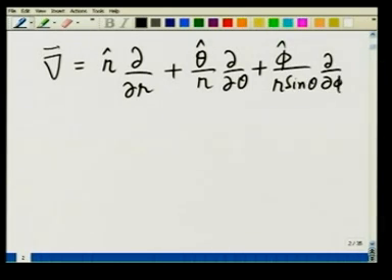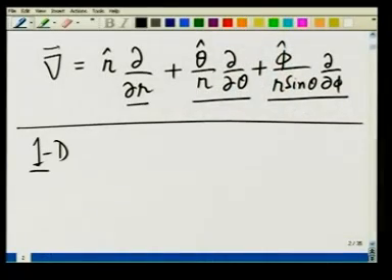And that makes perfect sense, because this is the distance covered in the phi direction, this is the distance covered in the theta direction, this is the distance covered in the r direction. So just a word of caution: when you go from one coordinate system to the other, take proper transformations to define the gradient operator.